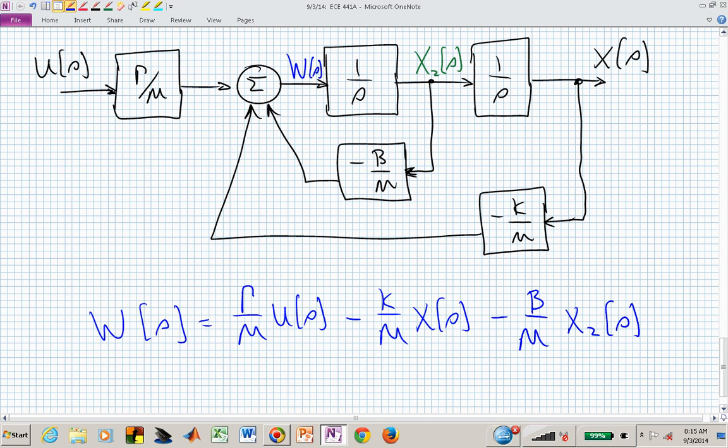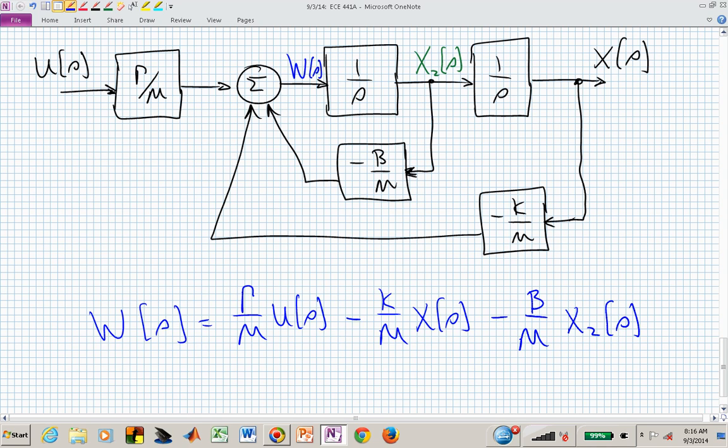Now what we want to do, ideally, is have this equation in the frequency domain only have capital X's and capital U's and some coefficients and s's. And then we could simply find X over U. We don't have that because we introduced some new variables.